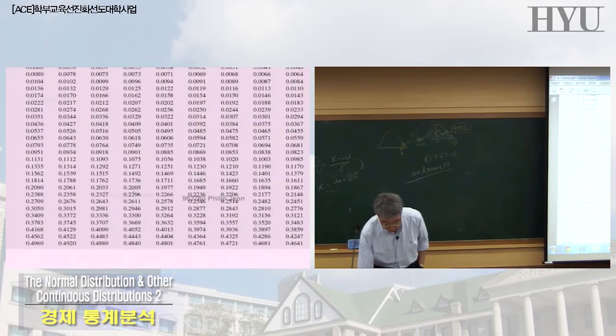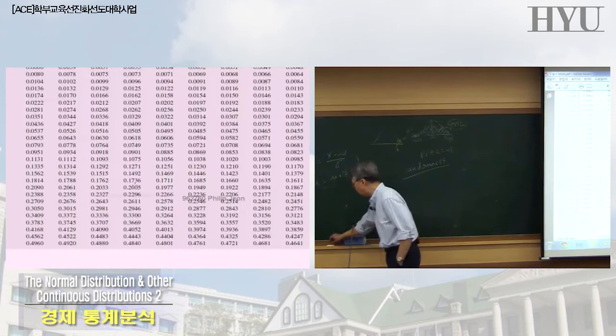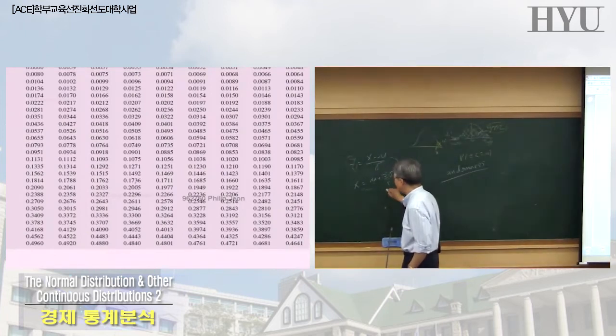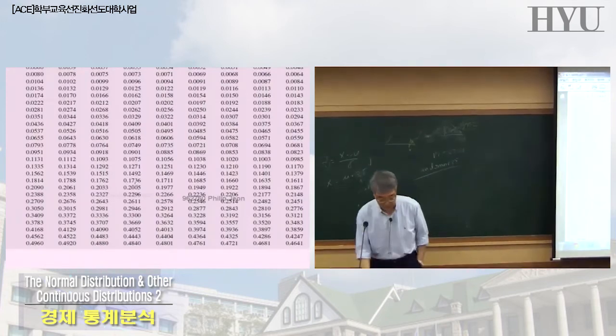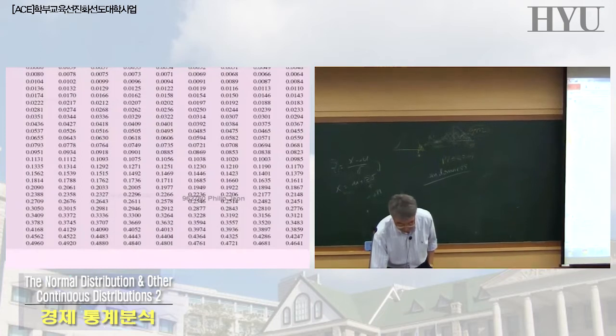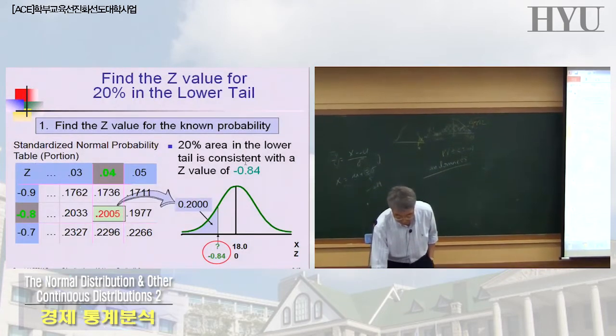And the Z-score that gives you 0.2005 area to the left is negative 0.84, okay? So that's how they came up with the negative 0.84.